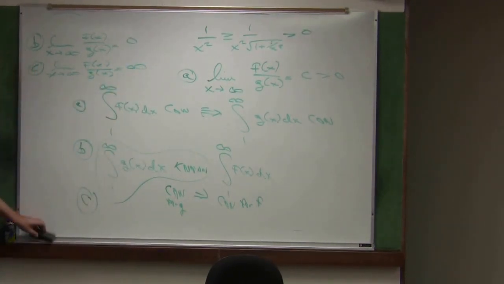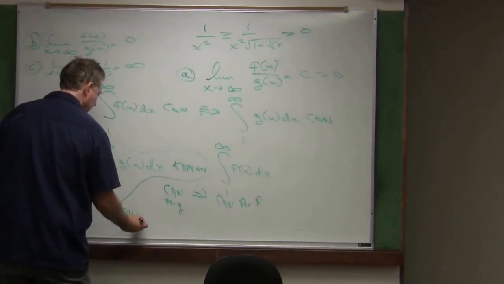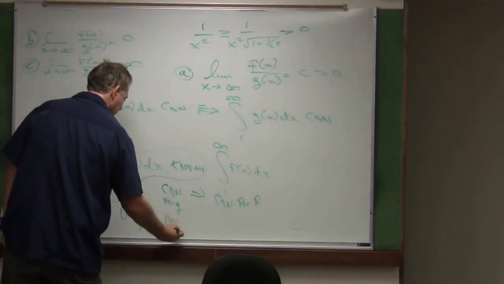So g is the one you have information on. If g converged, would you know anything about f converging? No. But what if g diverged? Yeah, then divergence for g would give you divergence for f.